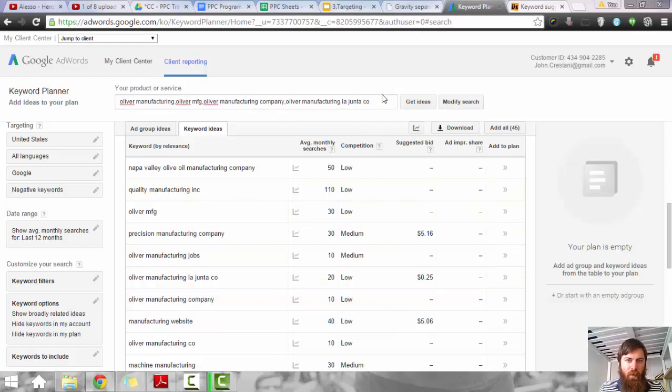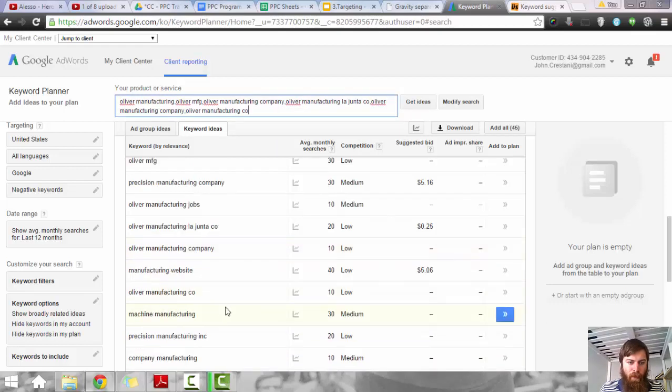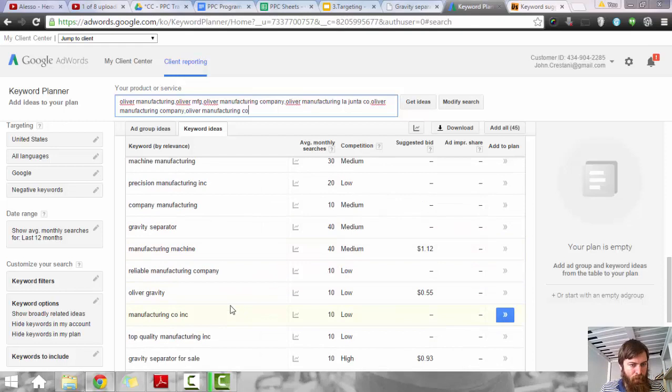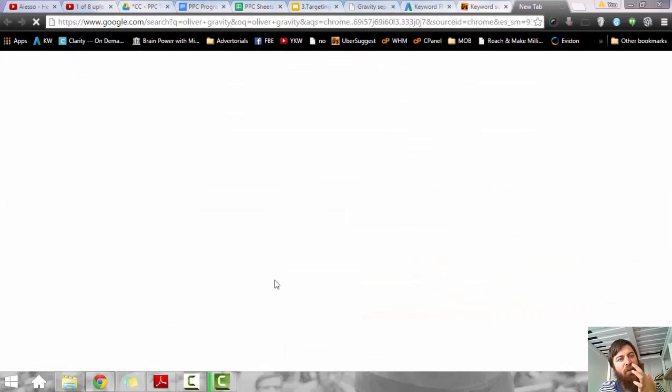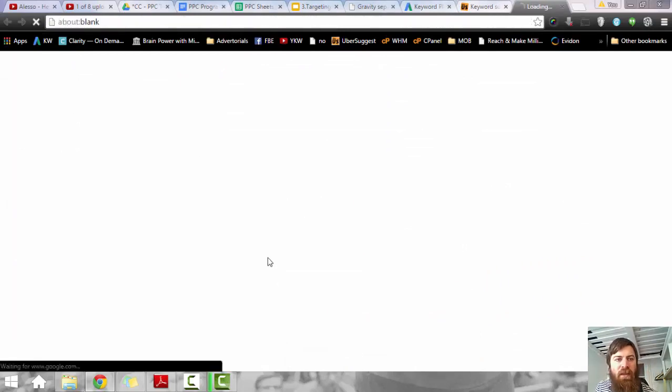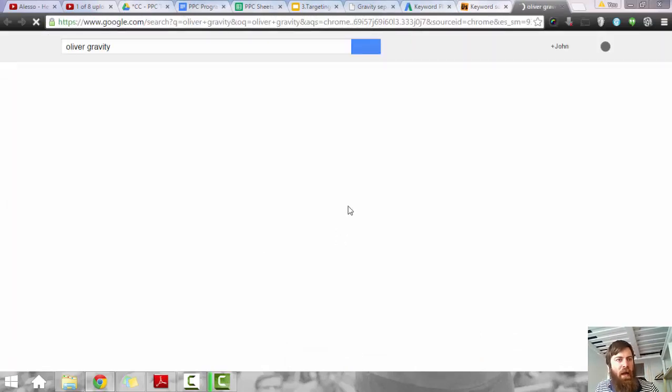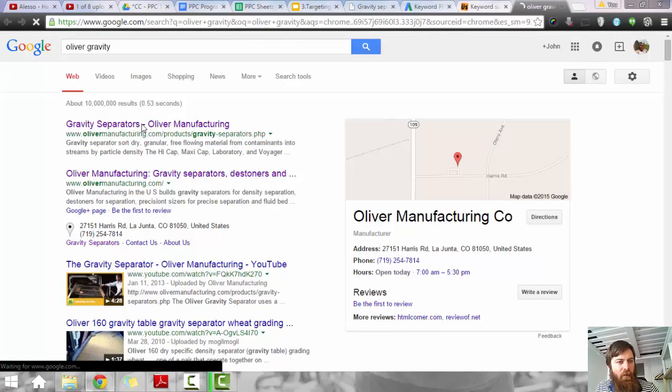Oliver Manufacturing Company. Oliver Gravity. That's an interesting one. I know they sell a gravity machine, but we want to see how that is correlated, their gravity separators.